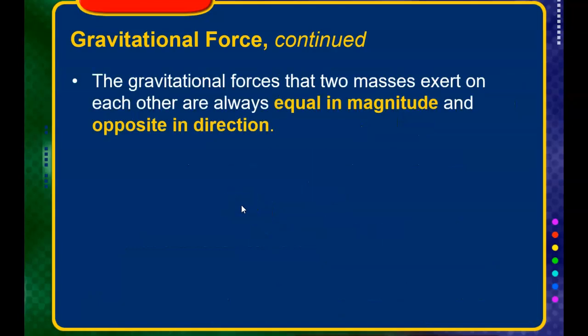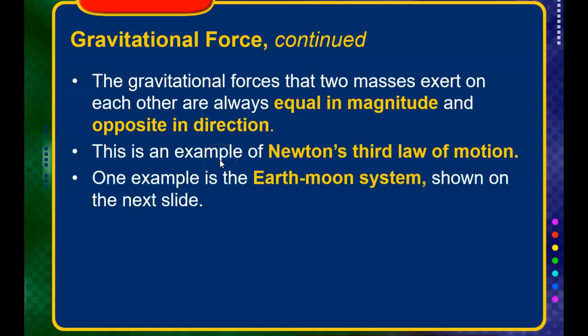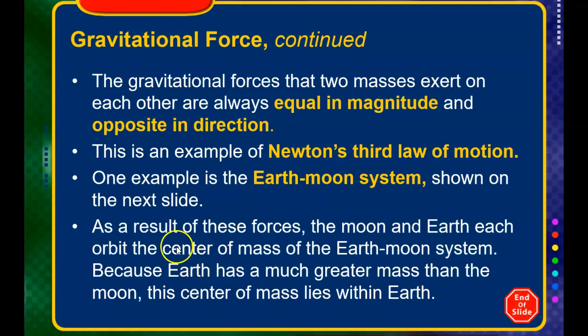The gravitational forces that two masses exert on each other are always equal and opposite because of Newton's third law of motion. The Earth-Moon system is an example, as is the Earth and Sun. The Earth and Sun have equal and opposite forces. The moon and Earth orbit the center of mass of the system.